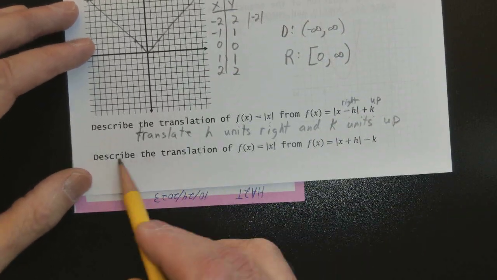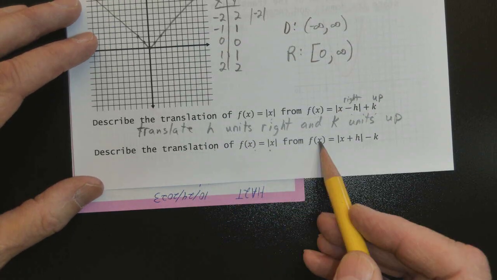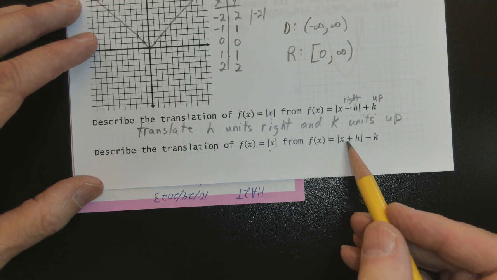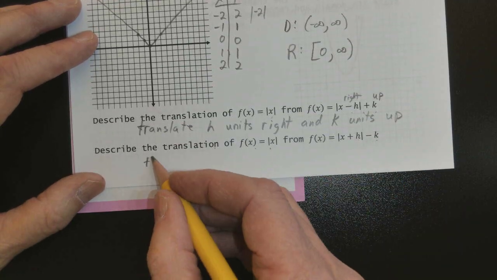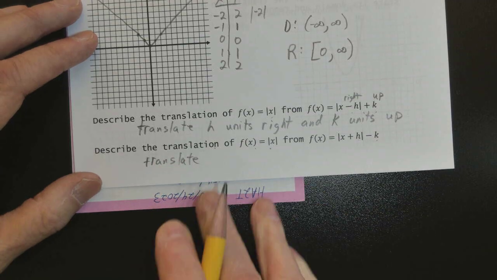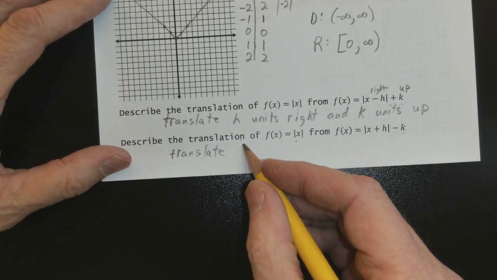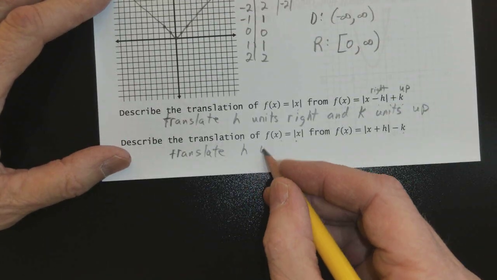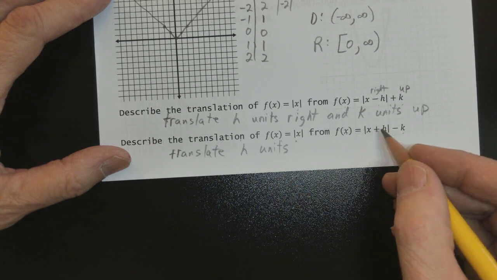Okay? Describe the translation of f of x equals absolute value of x from f of x equals the absolute value of x plus h minus k. We'll translate h units. What's this one?